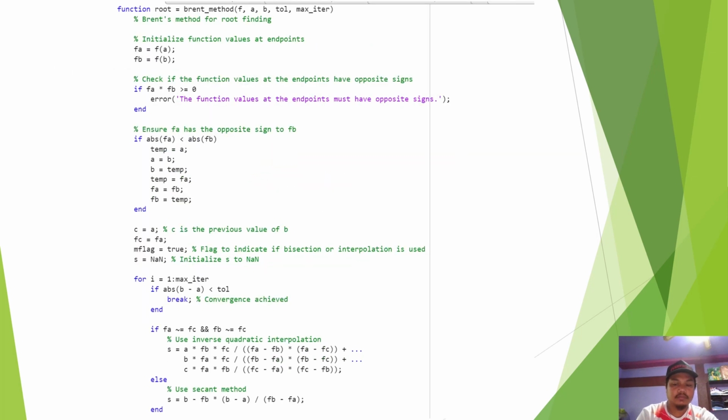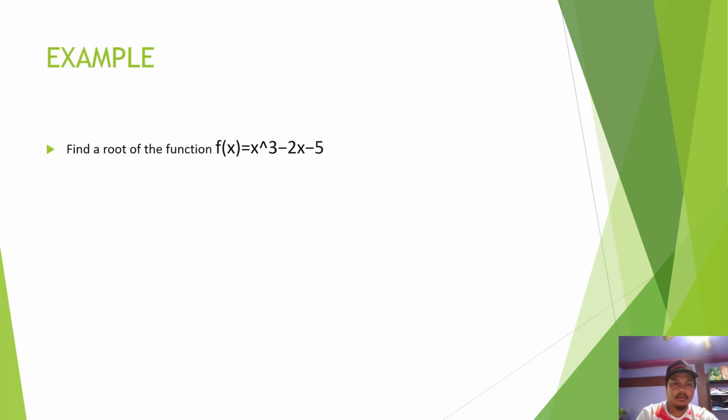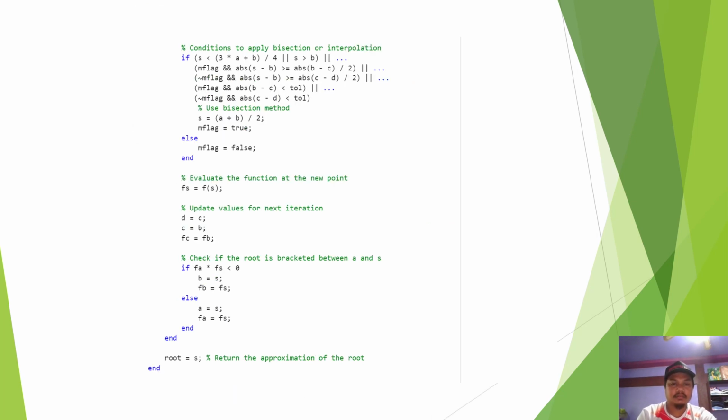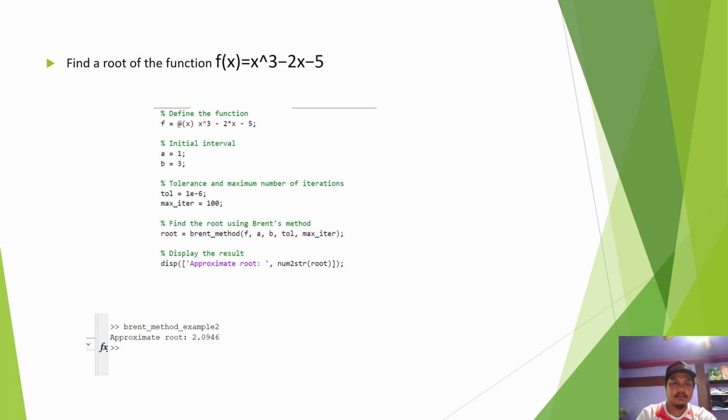So, example mao ni siya nga itong example. Mao din ni siya ang code sa Brent's method which is naa dito ang inverse quadratic interpolation, second method, ug bisection method.